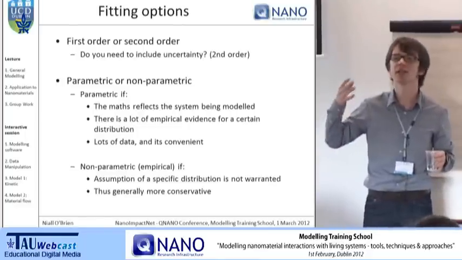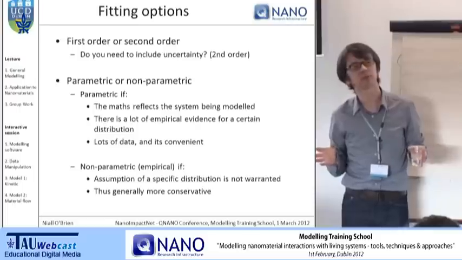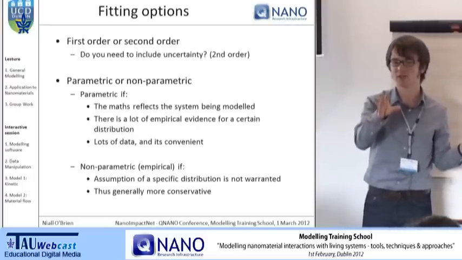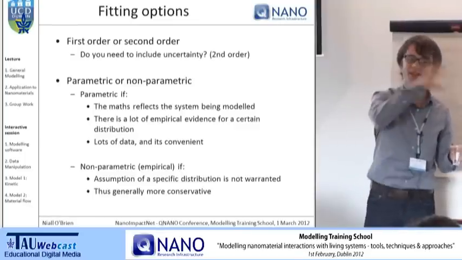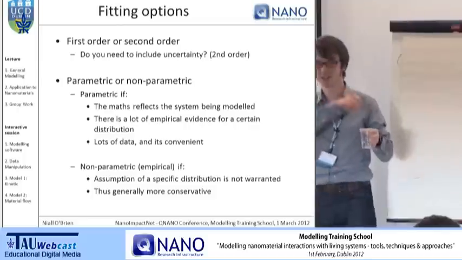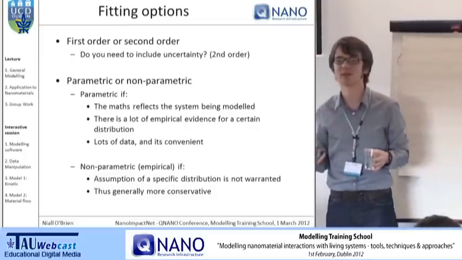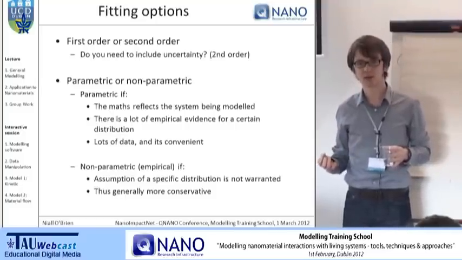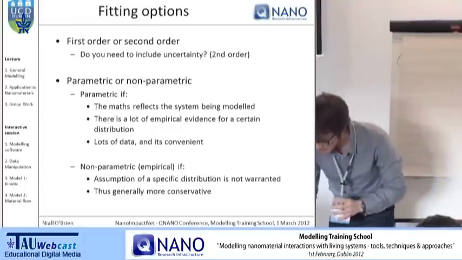For instance, the aggregation rate depends on the number concentration of the materials in a certain environment. But then the number of materials in the environment depends on the aggregation rate. So, again, it's second order, and this needs to be modeled. You could not calculate this. You need to model this because it's a complicated process.